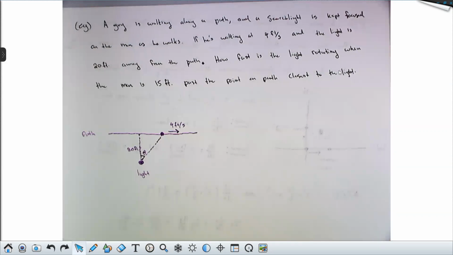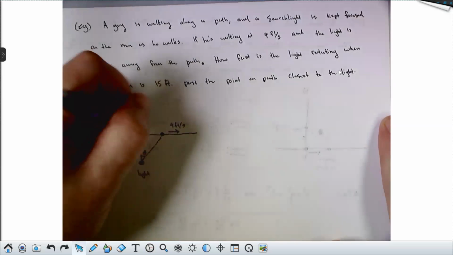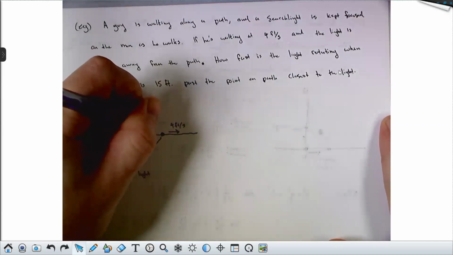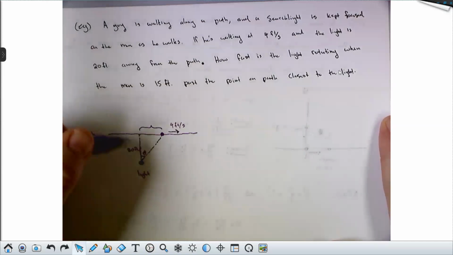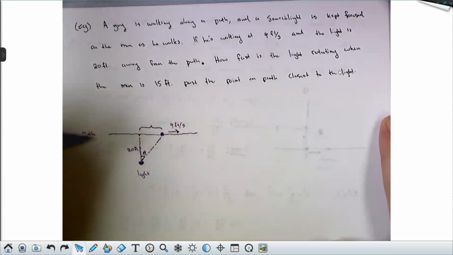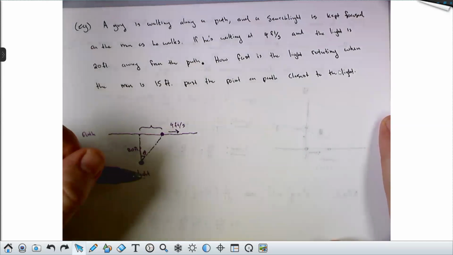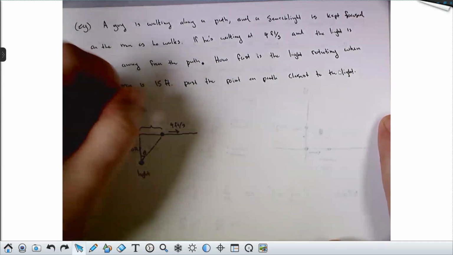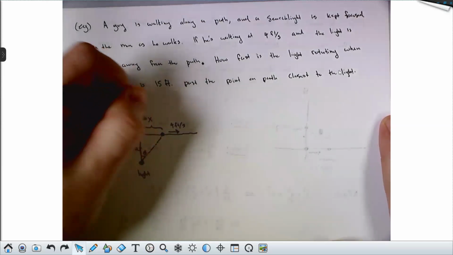The catch is you have to come up with some variables again, right? You have to label things in a way that is useful. So I would call this distance right here, the distance the man has walked past the line where the light is closest, where the light would have been looking straight at him, I'll call that X.